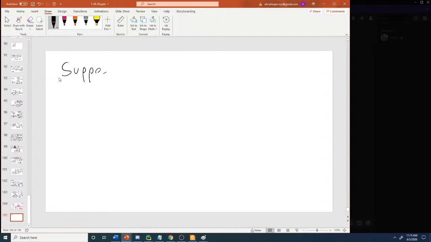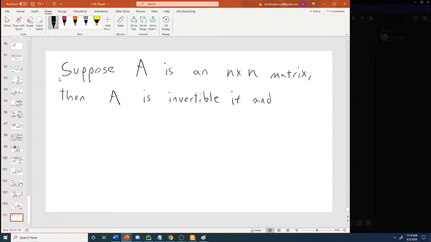Suppose A is an n by n matrix, then A is invertible if and only if A transpose is invertible.